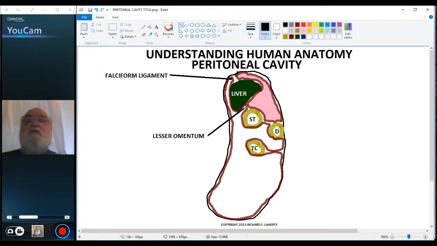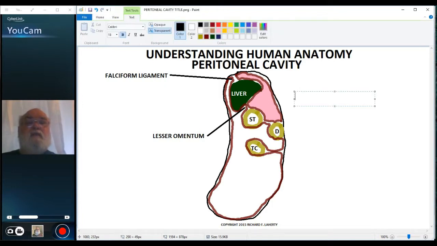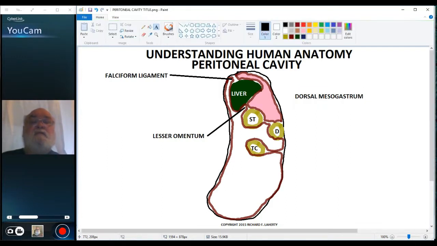The dorsal mesogastrum. Right there. And the transverse mesocolon.